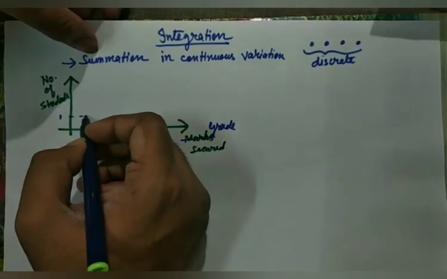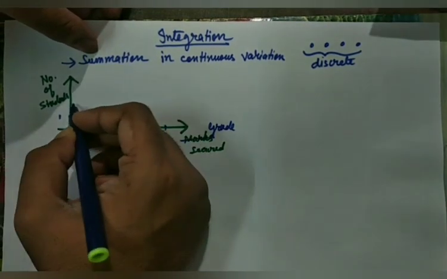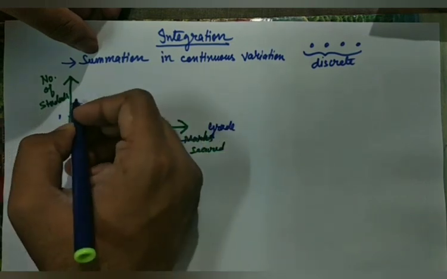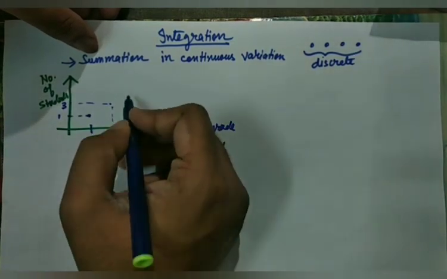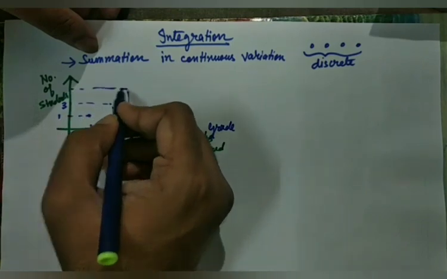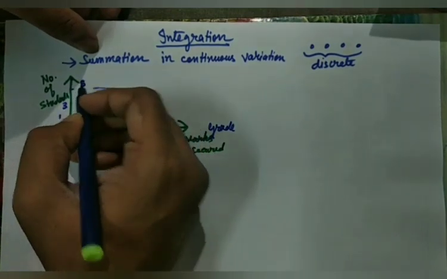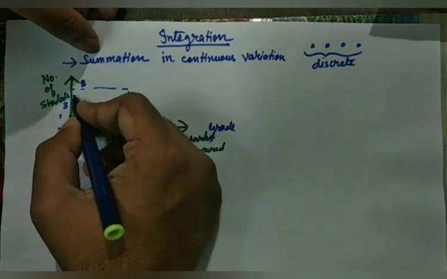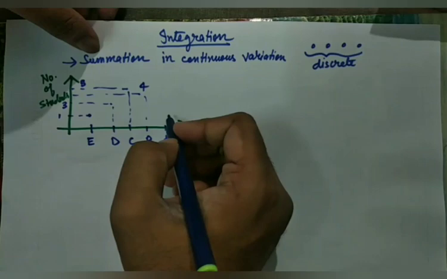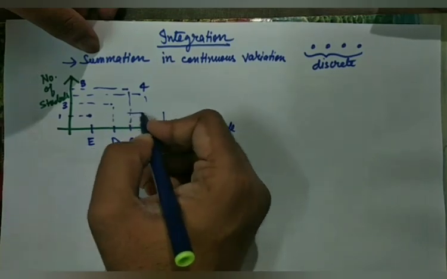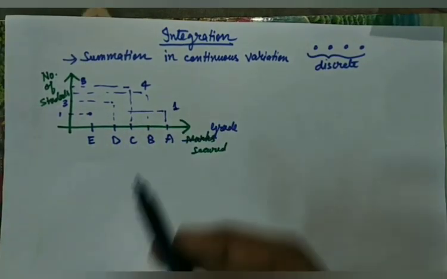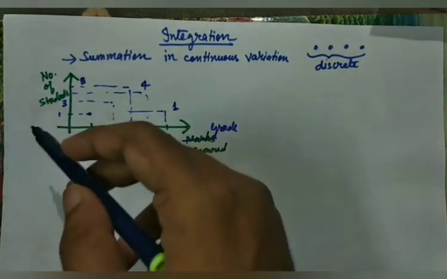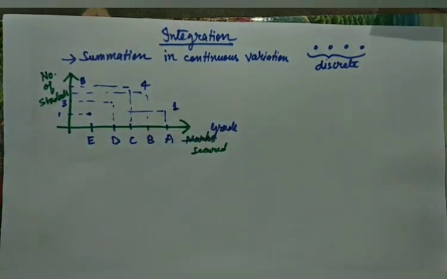Only one student has secured E grade. 3 students have secured D grade. 5 students have secured C grade. B grade has been secured by 4 students and A grade has been secured by 1 student. So if I ask you to calculate the total number of students, can you calculate?